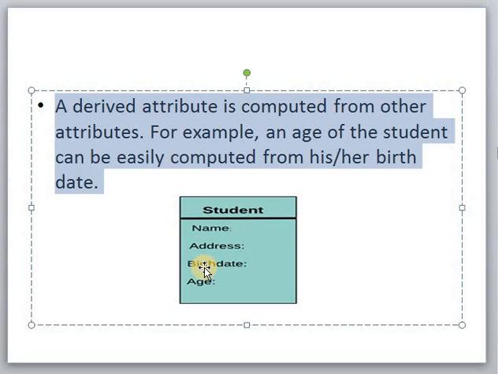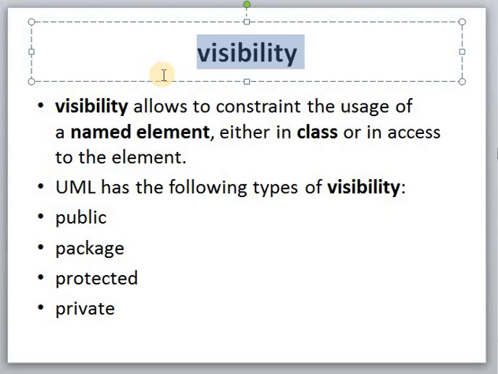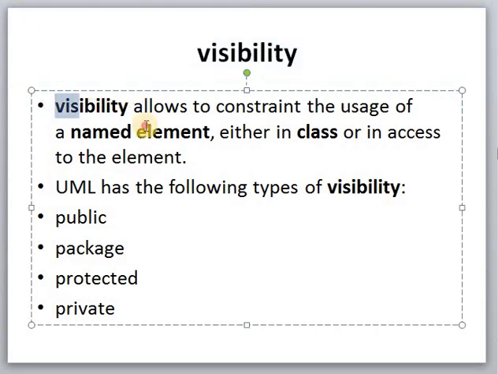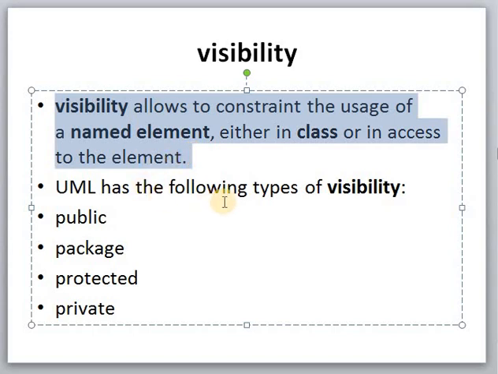So now we will discuss what the visibility factors are. Visibility allows us to constrain the usage of the named elements, either in the class or in access to the other elements. In order to restrict the use of some attributes, we need to define the visibility types.